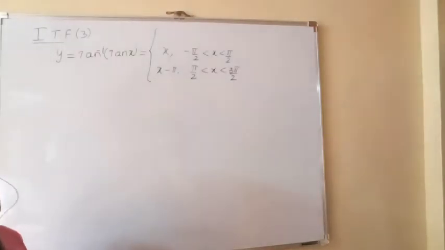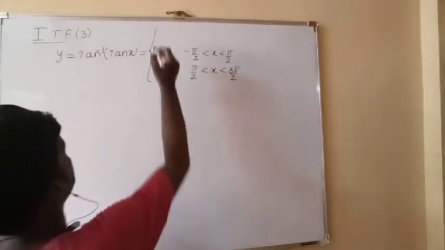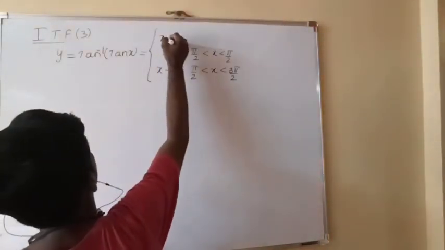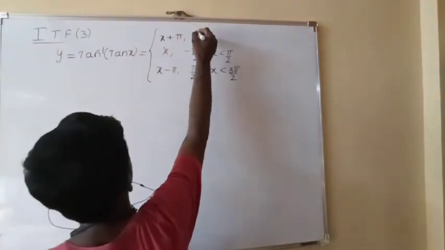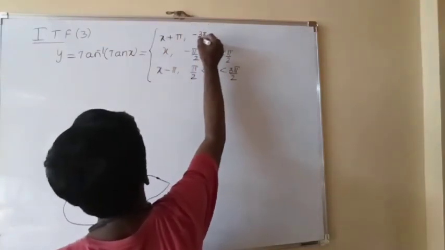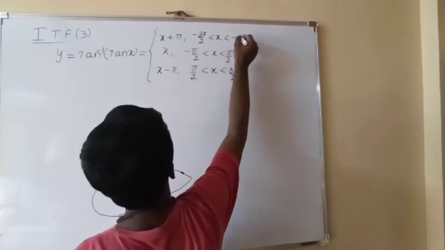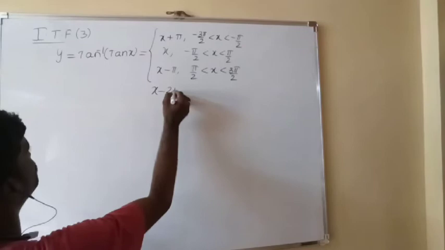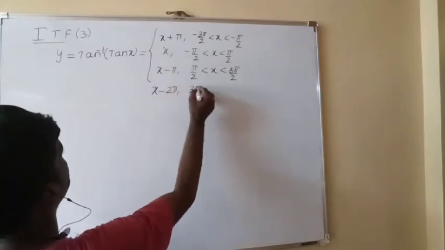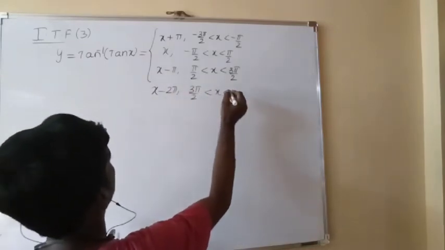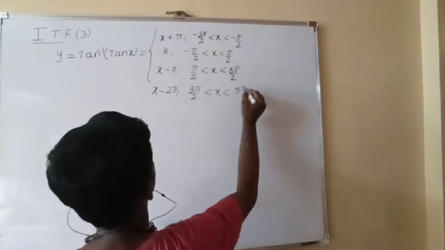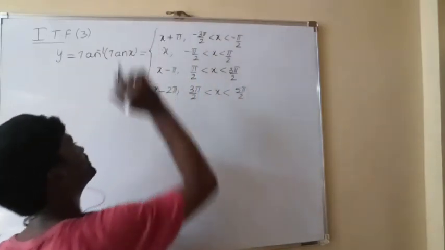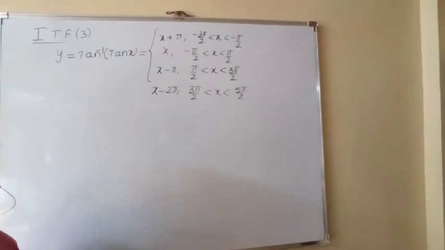Same for cot inverse of cot x, and it is x plus pi when x lies between minus 3 pi by 2 to minus pi by 2. So what next? x minus 2 pi when x lies between 3 pi by 2 and 5 pi by 2. So the previous branch will be x plus 2 pi when x lies between minus 5 pi by 2 to minus 3 pi by 2.